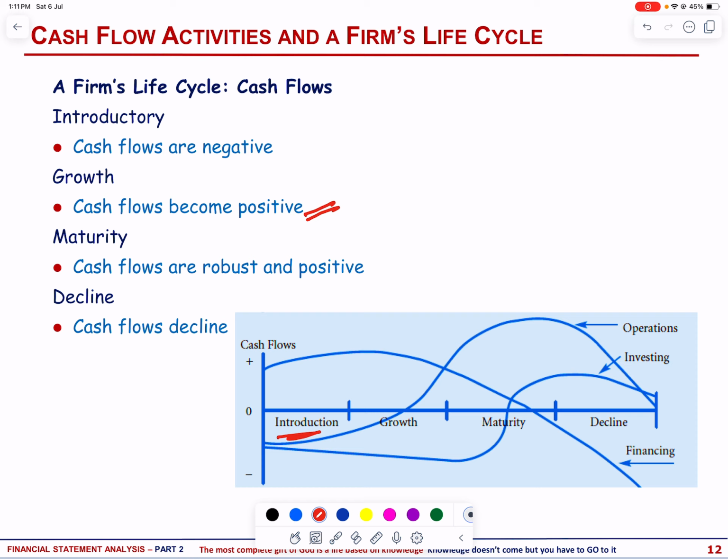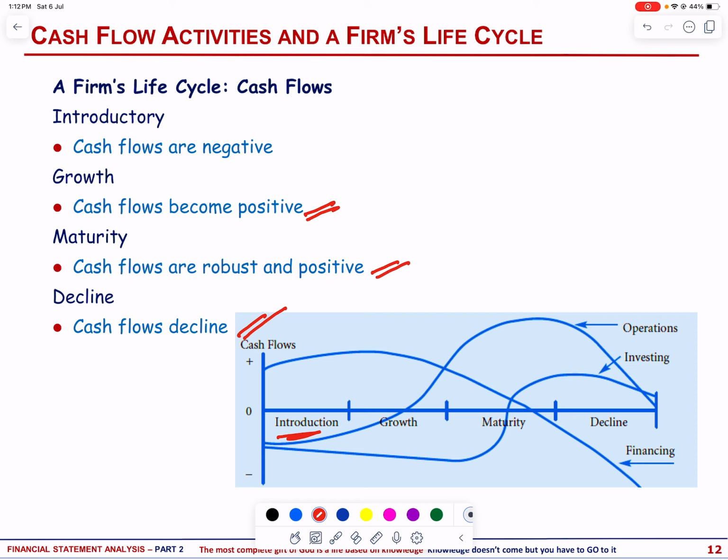During the maturity phase, cash flows are robust and positive from stable operations. Investing activities may also show positive cash flows as the firm maintains existing capacity rather than expanding. Excess cash can be used for debt repayment, dividends, or stock buybacks. During the declining phase, cash flows decline as sales decrease due to market saturation or competition.